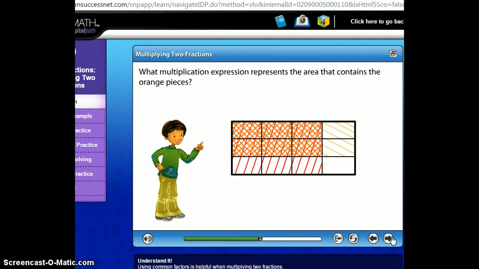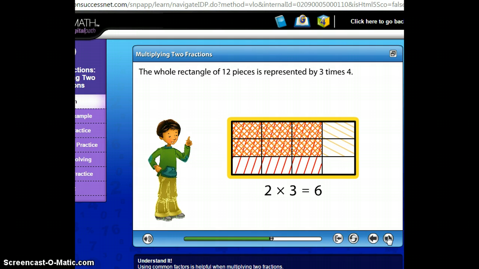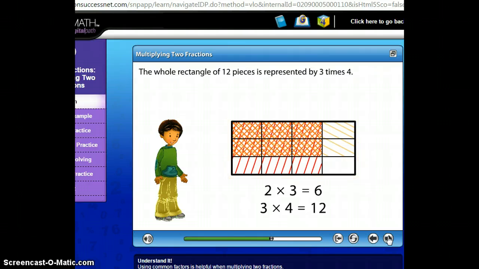What multiplication expression represents the area that contains the orange pieces? The orange area is represented by 2 times 3, since it contains 6 orange pieces. What multiplication expression represents the whole rectangle? The whole rectangle of 12 pieces is represented by 3 times 4. Okay, and we can see that when we look at the picture. The 2 times 3 equals 6.